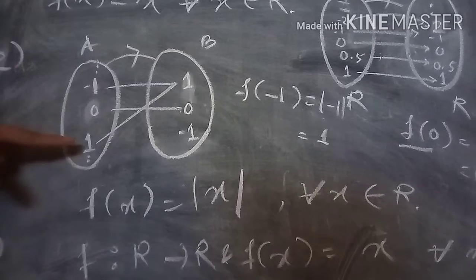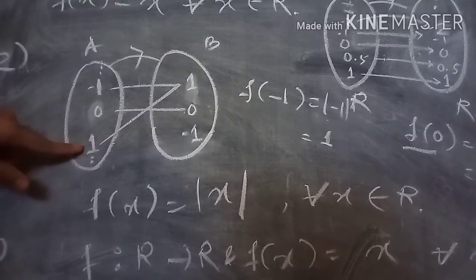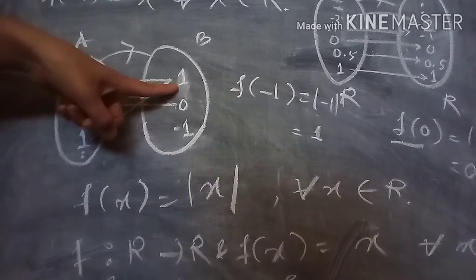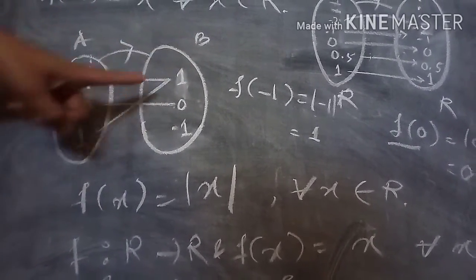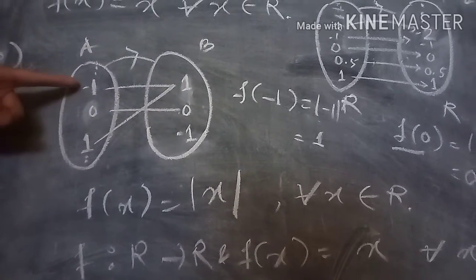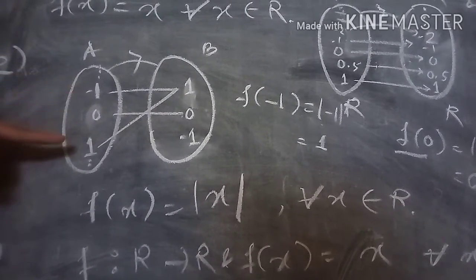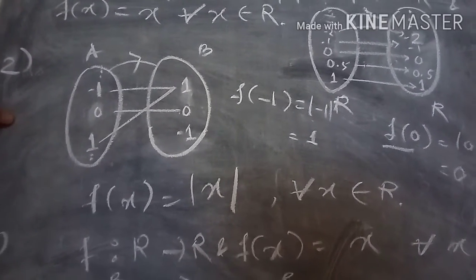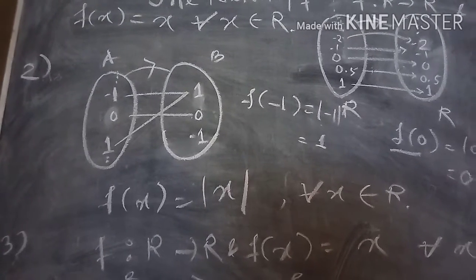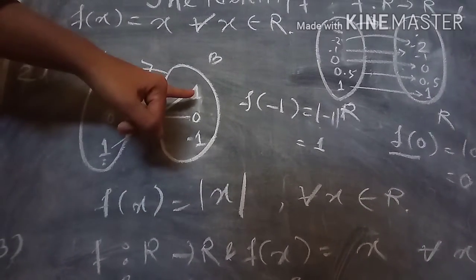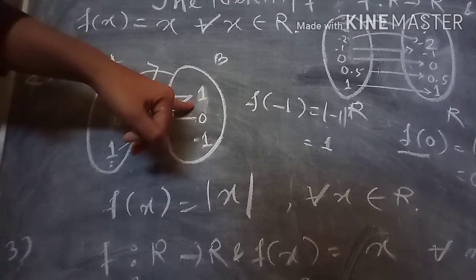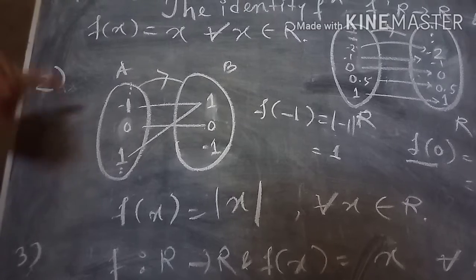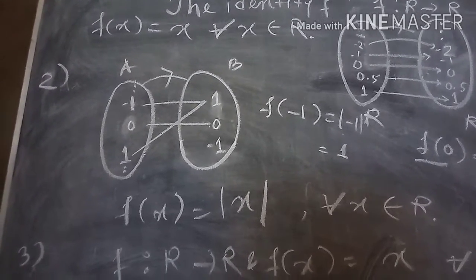Similarly, f of 1 is obviously related to 1. Now we have seen the element 1 in the set B has two pre-images in set A. Those are -1 and +1. So according to the definition, this function is an example of many-one function because the element 1 is the image of two elements in the set A. Therefore, this is an example of many-one function.